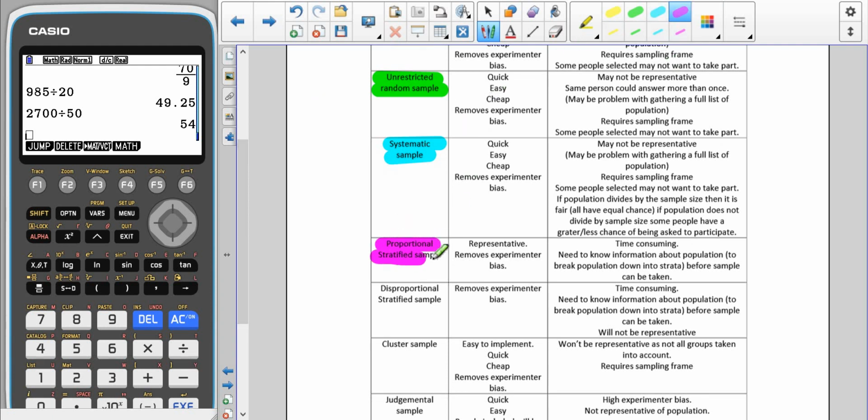Proportional stratified sample. This is going to be representative depending on how we split our strata, our groups up. And it still removes experimental bias because within those groups we are performing a simple random sample. However, it is very time consuming, and we need to know the information about the population in order to break it up into the strata before we perform the sample. That can be quite difficult, especially if you're wanting to do something such as religious views as your strata.